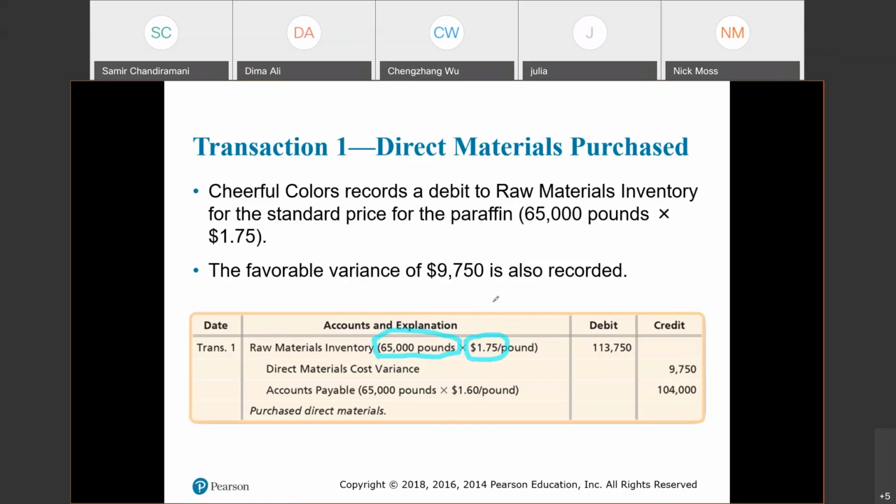And in contrast, the credit to accounts payable is for the actual quantity of raw material purchased times actual cost, because this is the actual amount owed to the vendors.